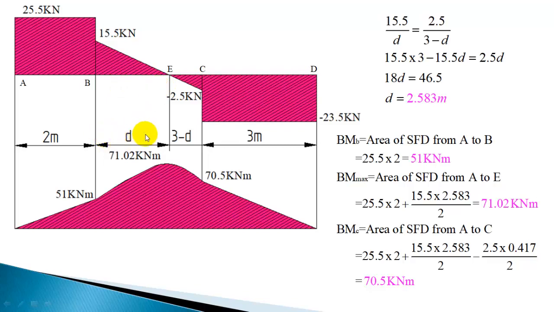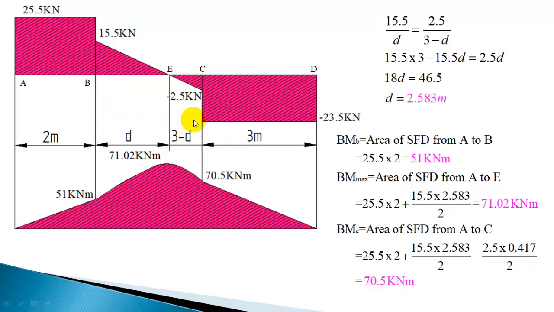I marked the point where shear force is coming to 0 as E, and I have taken the distance from B to E as D. So we need to find out this distance D. Total distance for the section BC is 3 meter, so the remaining distance you can write as 3 minus D.